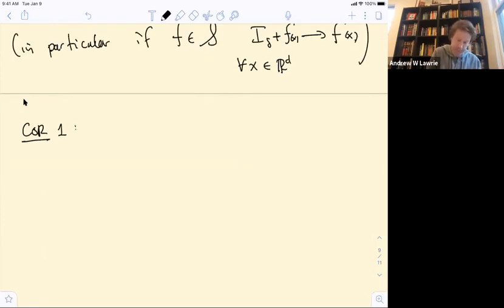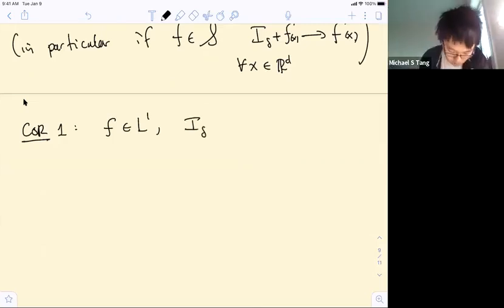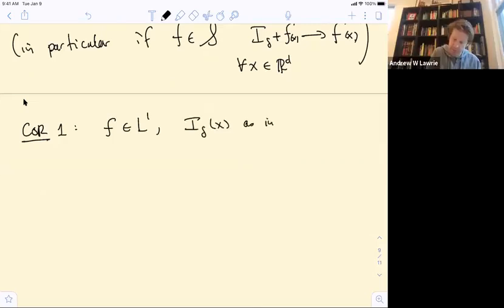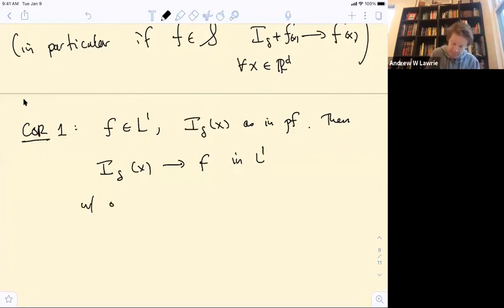Corollary one: if f is in L1, and we let I delta of x be as in the proof, then I delta of x tends to f in L1 without any assumption that f hat is in L1.